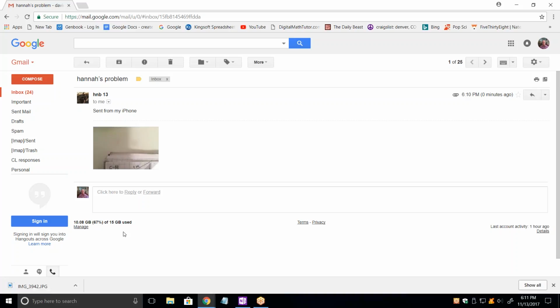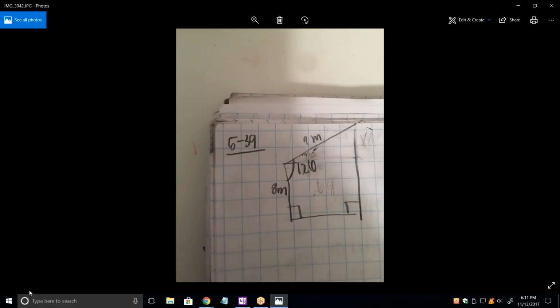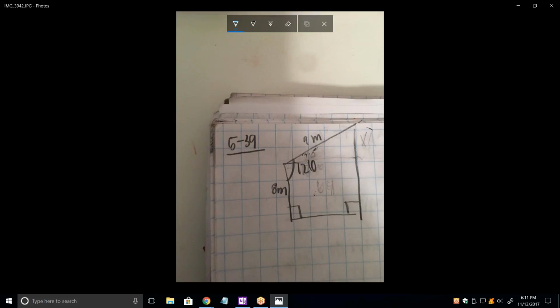So it was wanting us to find the area using sine and... Okay. That's not a rectangle. That is a trapezoid. Okay. And the difference is... here, let me blow this up a little bit.